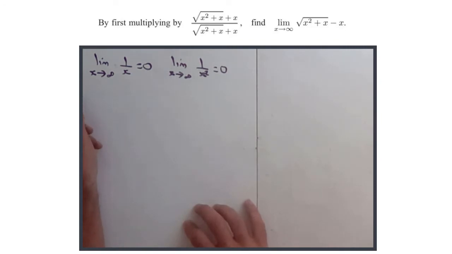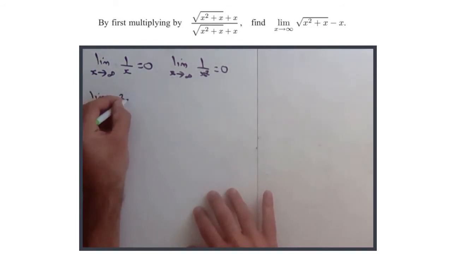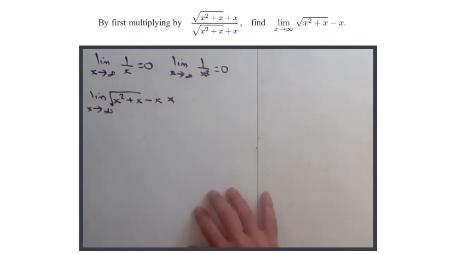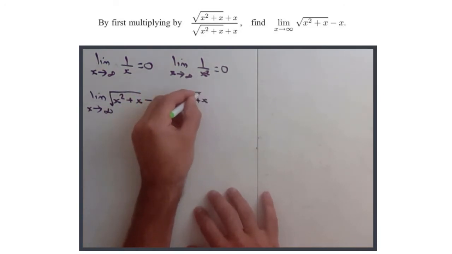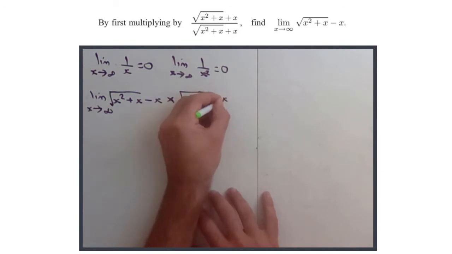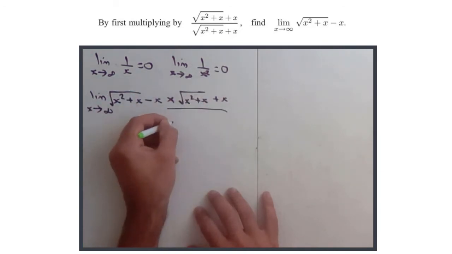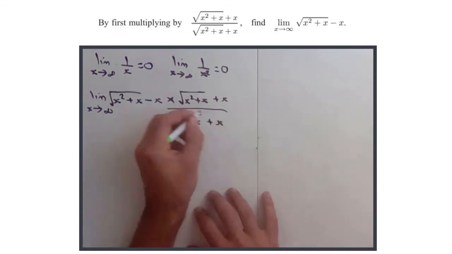We are looking to find the limit as x approaches infinity of the square root of x squared plus x, minus x, and then what we're doing is multiplying that by the square root of x squared plus x over itself, the square root of x squared plus x again.